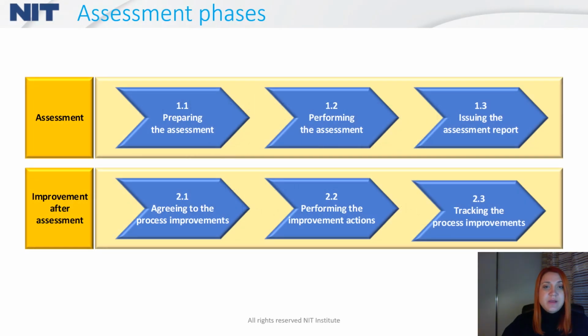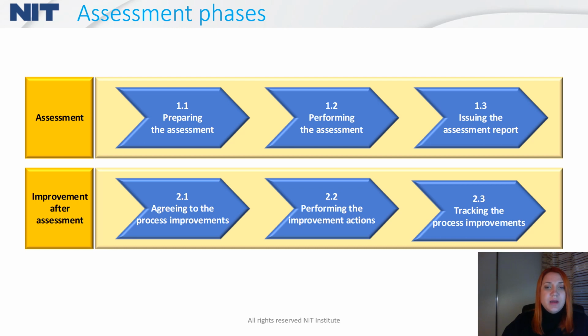Let's start from the assessment phases. In the assessment process, we are differentiating two assessment phases. One is assessment itself, and another one is improvement after assessment, which is often forgotten. The assessment phase has three sub-phases. First is preparation for the assessment, which is involving all the stakeholders.